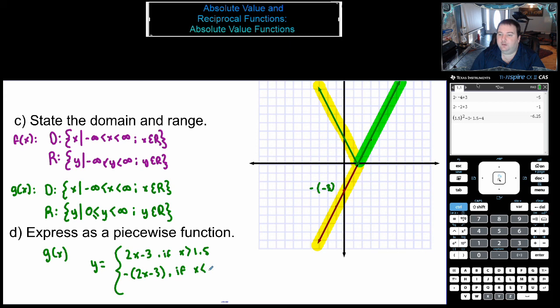Less than 1.5. And so what happens at this point? Well, at this point they're the same, right? So it really doesn't matter. You could put those if you want, because it's not going to make a difference, because 0 can't be positive or negative, right? So there you go. Let's move on.